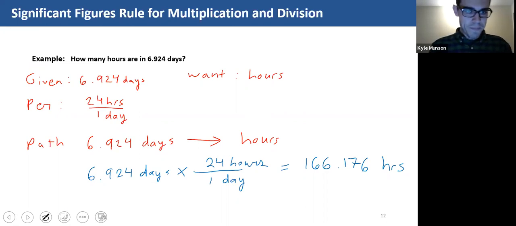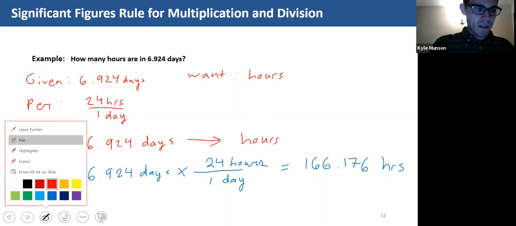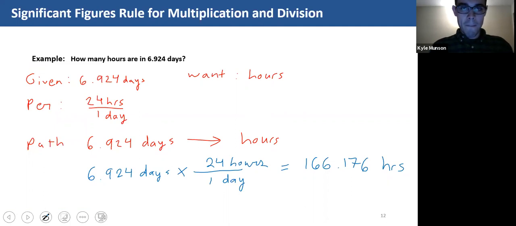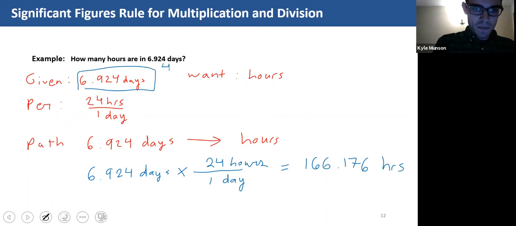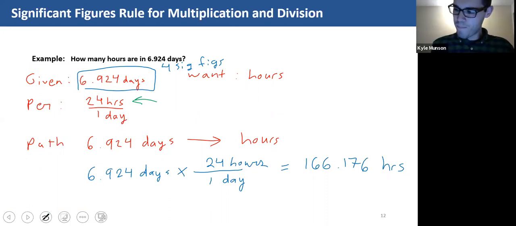So remember, with multiplication and division, we cannot have more significant figures than basically what we started with, the limiting factor, right? So this guy has 4 significant figures. Okay. How many sig figs does this have? The 24.